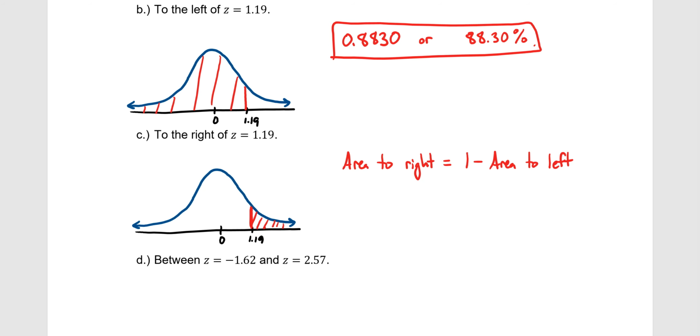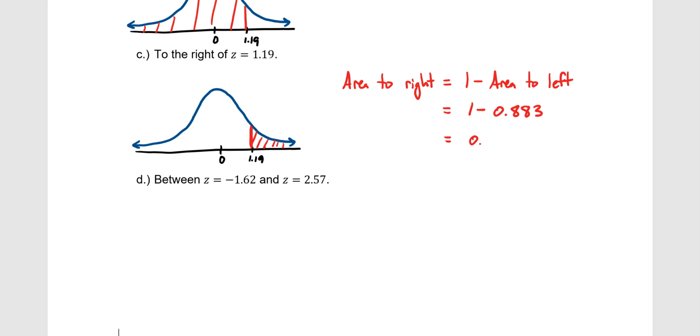That's because the area to the left plus the area to the right has to add up to 1, the total area underneath the curve. We have to write it like this because the table tells us the area to the left. We found that area was 0.883, so we subtract those and we get 0.117. That is the area to the right of 1.19.